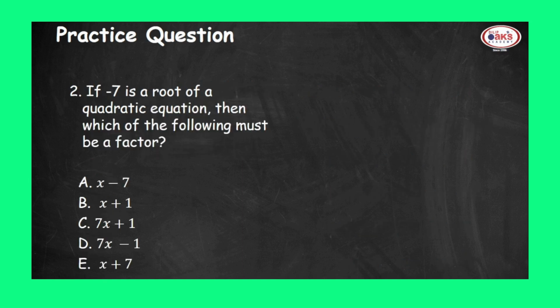Now, let us go to the second question, which is declaring that minus 7 is a root of a quadratic equation, then which of the following must be a factor? Now this is just a concept testing question, typically a level 1 question that can appear in the GRE. Now I'm showing you what the concept here is.